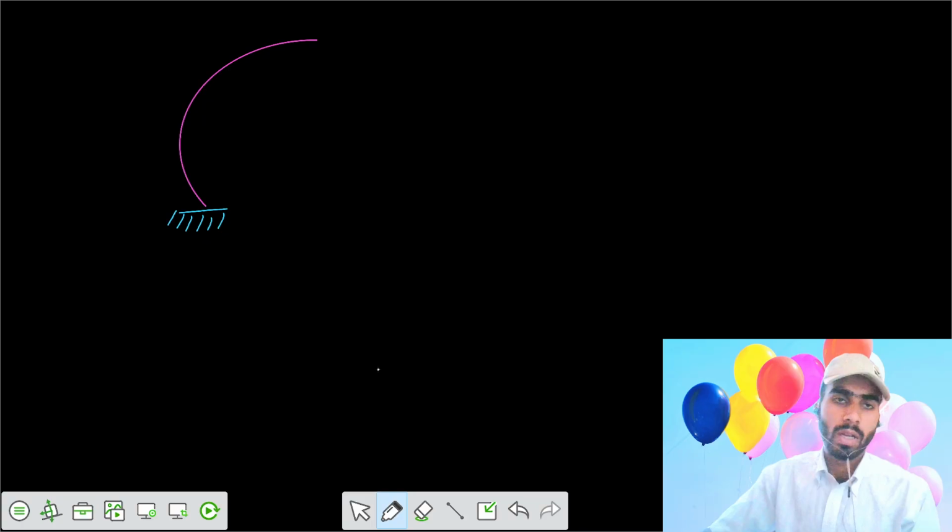The value of theta is from 0 to π/2. So this is your center O. Then theta is from 0 to π/2. So this is called a quarter circle beam.